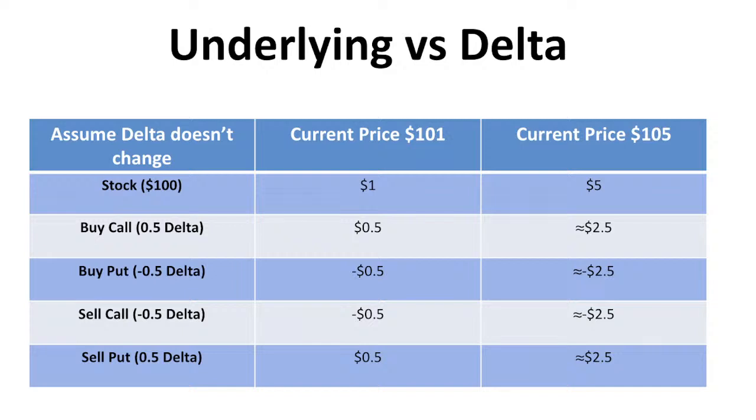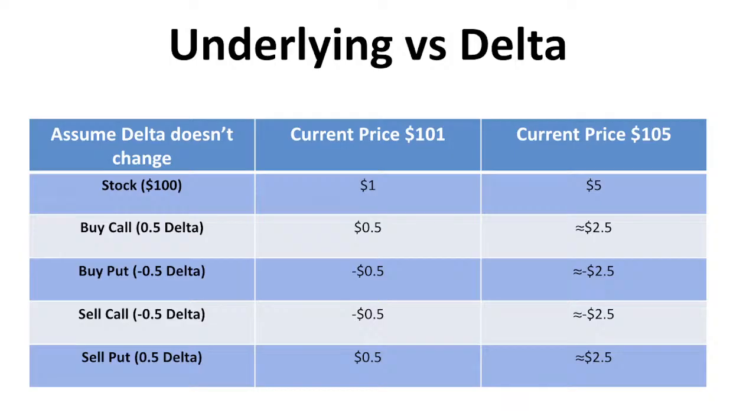If you buy a call with 0.5 delta, for a $1 movement, because of 0.5 delta, the profit will be half. For example, a move of $5 with 0.5 delta is approximately $2.50. If you buy a put and the price goes up, you lose around $2.50.